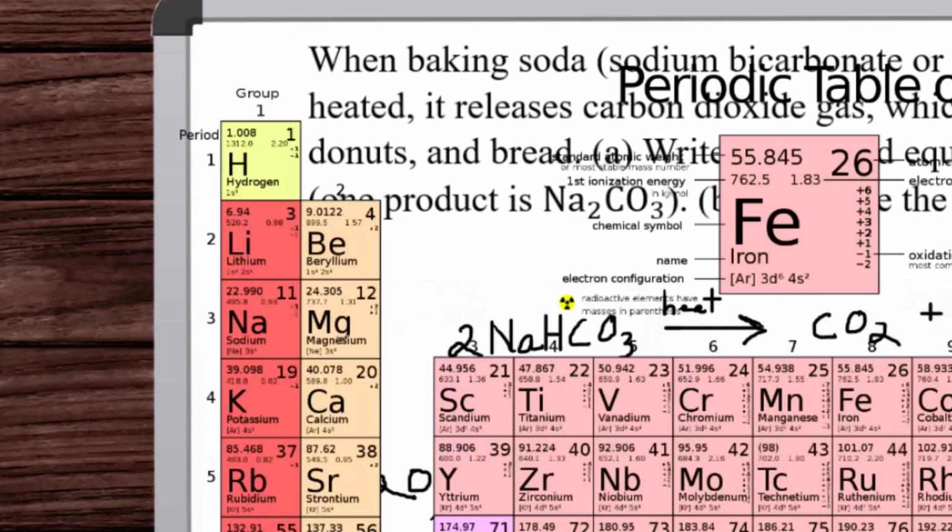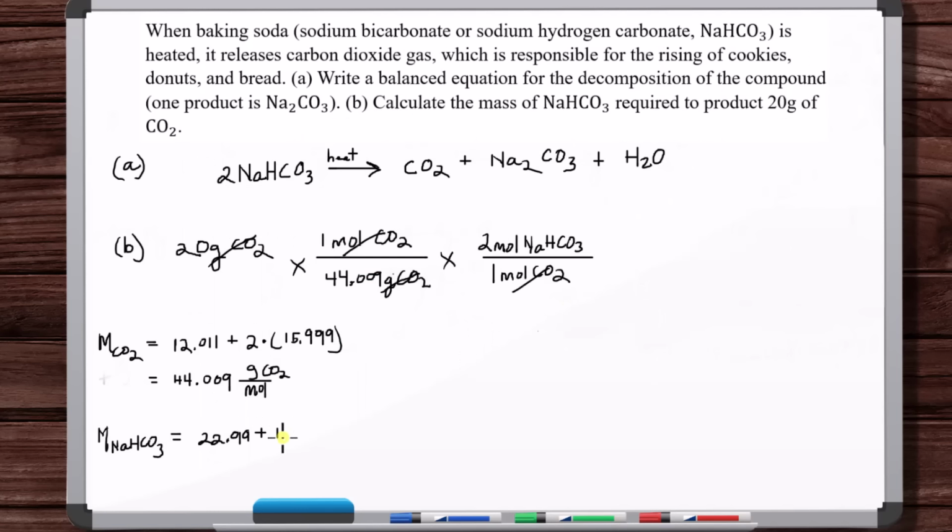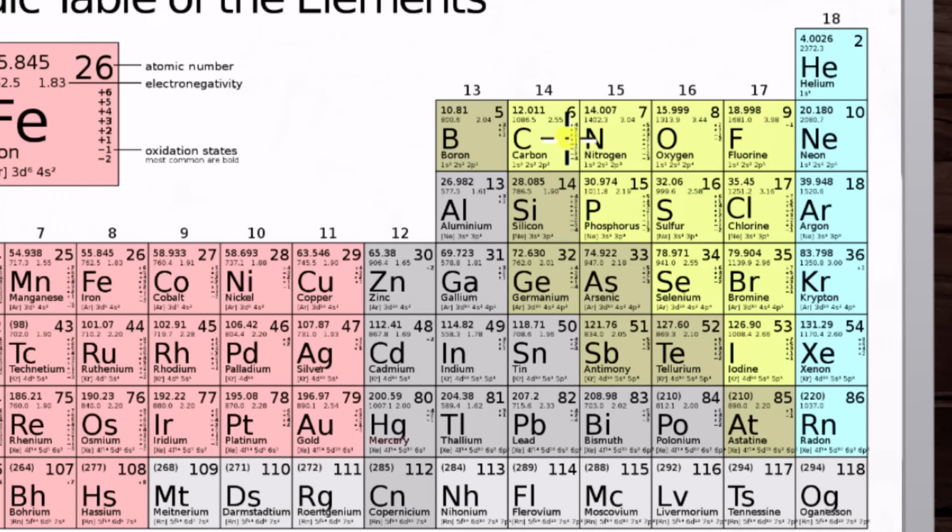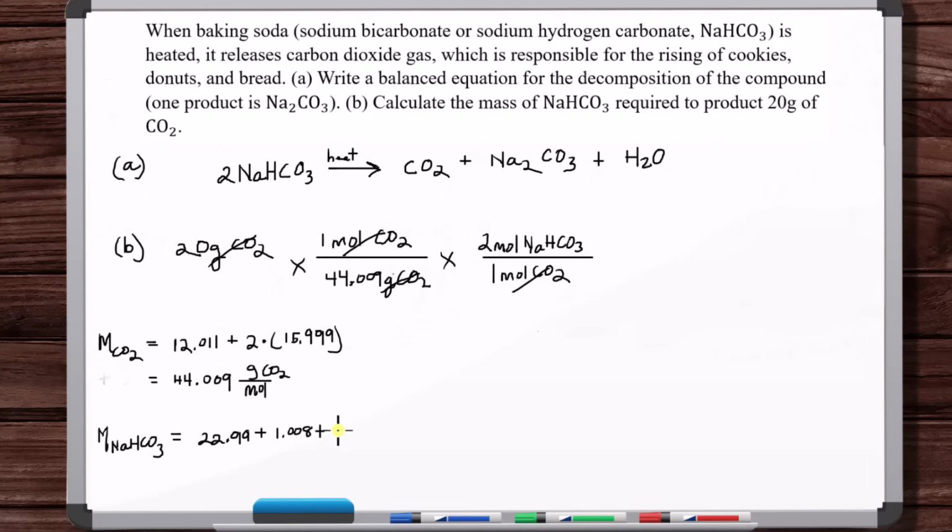Hydrogen, 1.008. Carbon, 12.011. And then 3 times oxygen, 15.999.